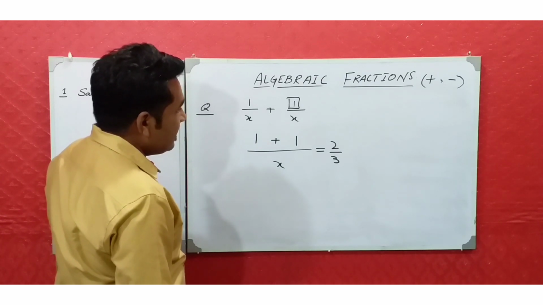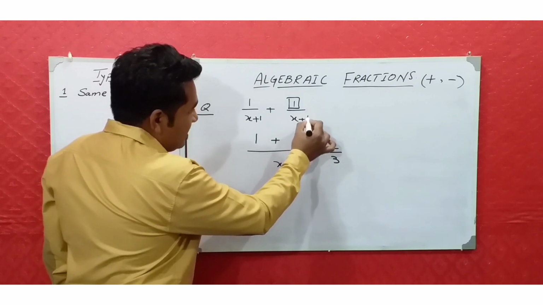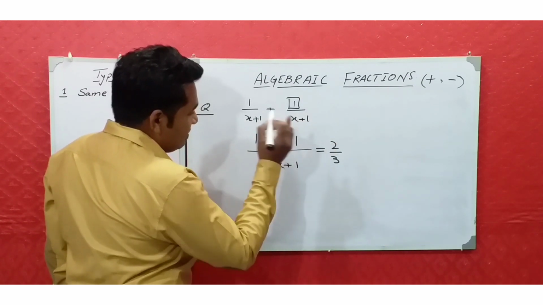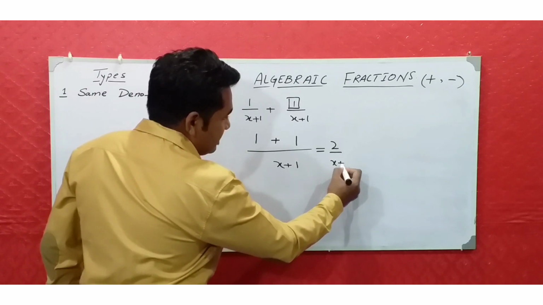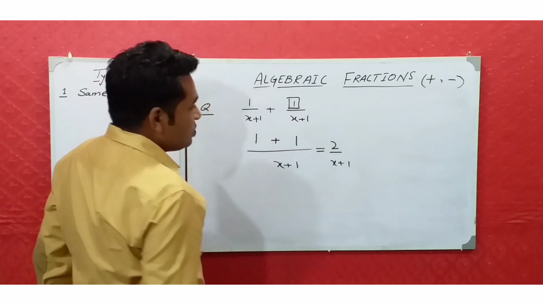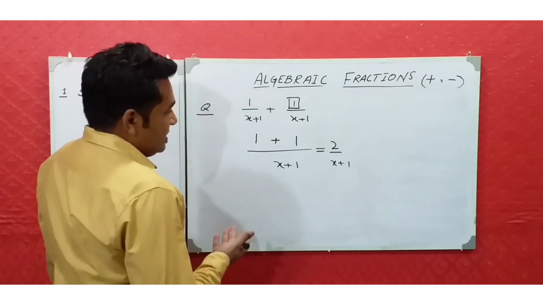I hope you are getting it. Suppose it is x plus 1, then x plus 1 will be the denominator, and the answer is 2 over x plus 1. The last one was 2 over x. I don't think there is any problem.